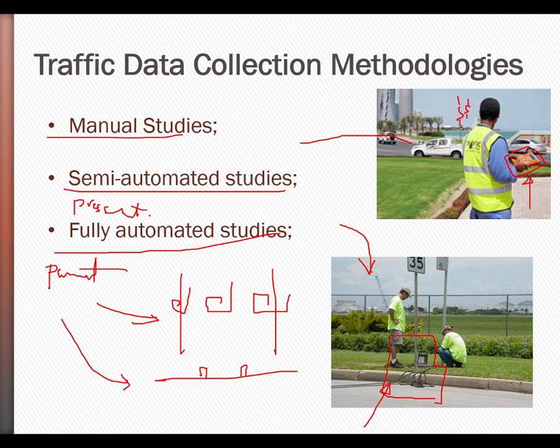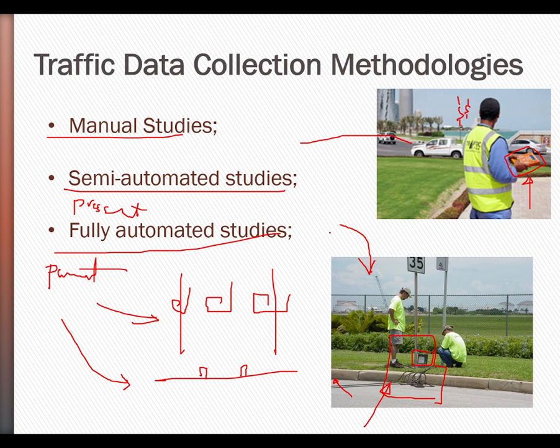Some tubes, you might see this a lot on the road, that are nailed on the pavement and attached to this box you can see here. Whenever a car passes over it, it pushes the air inside, makes a pulse, and it counts the car. They have more than one tube to count also the speed, and can count more than one thing. It's an old technology but still used till now, and you probably have seen that.